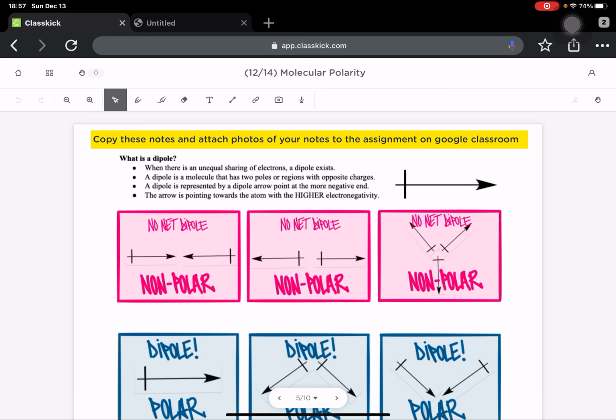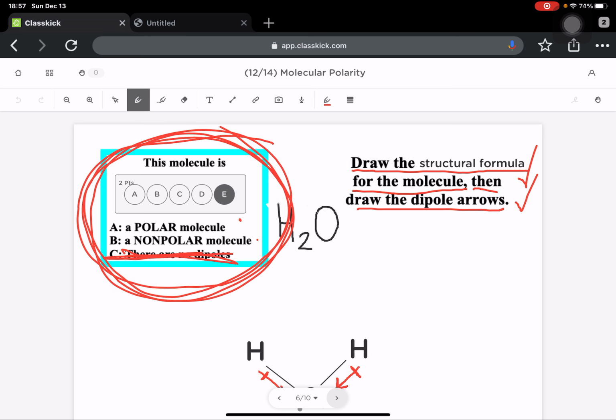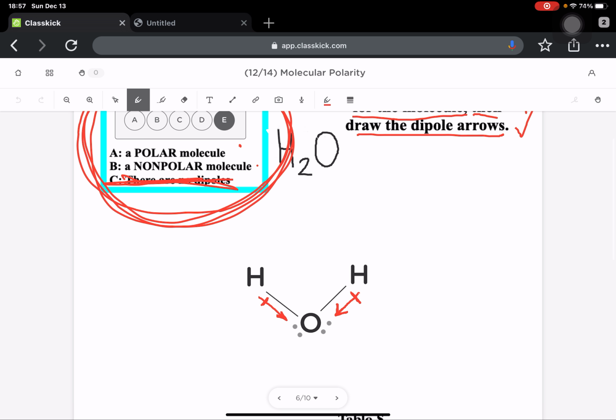That's great. Okay. So it looks like this one here would be closest to what we're talking about, right? So I have two dipoles pointing at the same element, at the same atom, and they are at an angle, right? They're angled. Remember we said water is supposed to look like Mickey Mouse?